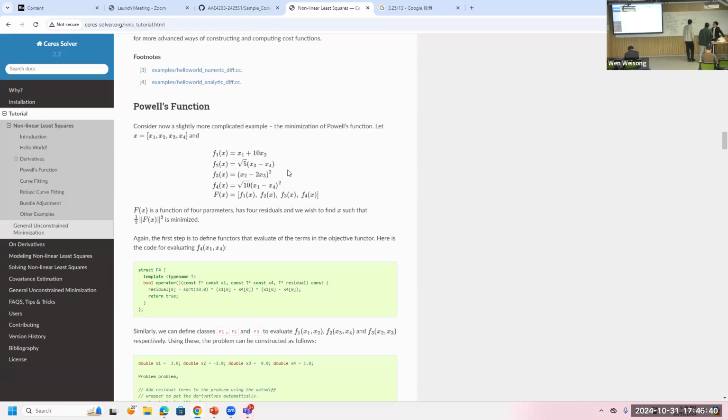Locally it's a linear problem, so you solve it in one go and go to the next iteration. The next iteration is from different initial guesses; you do a different linearization, get a different linear problem, solve it in one go, and go back to the next iteration. The criterion to stop the iteration is that the norm of delta x approaches zero, which means you already get to the stationary point.